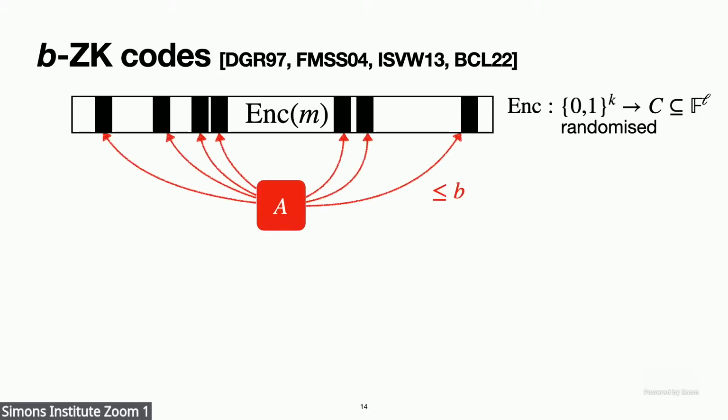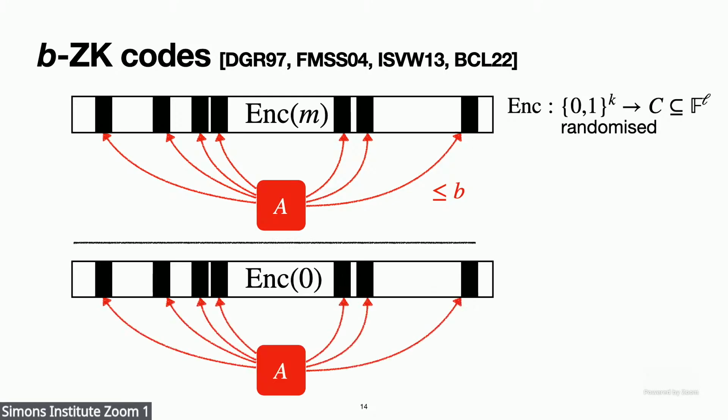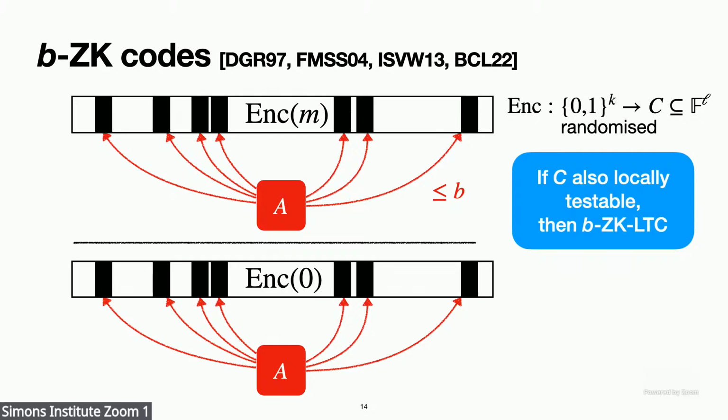This encoding function has the property that if I look at at most b positions, where b is the zero-knowledge parameter of the code, then the marginal on those b positions looks the same as if I just encoded 0 under that function. So it doesn't reveal any information about the message. And if C is also locally testable, then we say it's a b zero-knowledge LTC.